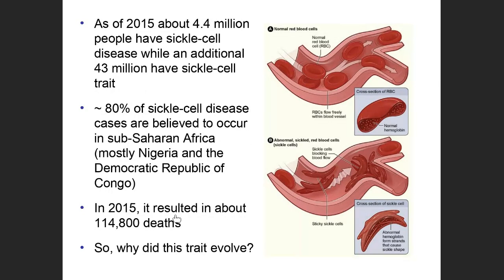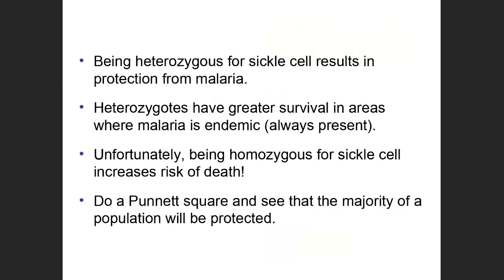In 2015, it resulted in over 100,000 deaths, so that is a significant mortality. But as I said, if you're heterozygous, you're protected from malaria, and malaria killed more people than sickle cell disease does. And so it was a beneficial characteristic.